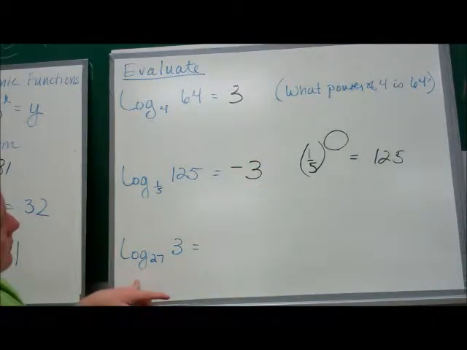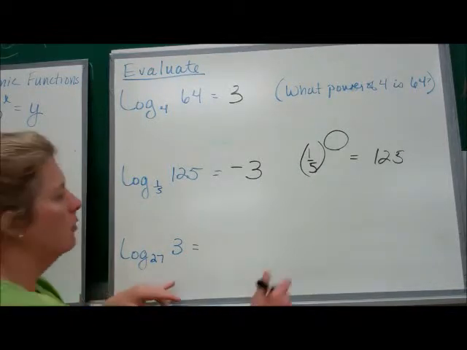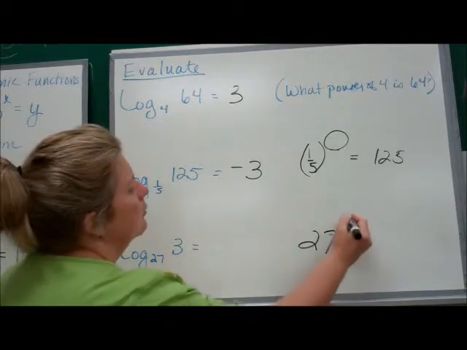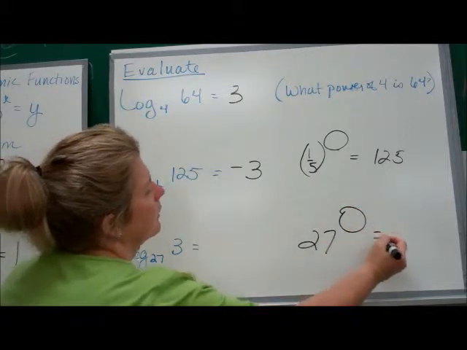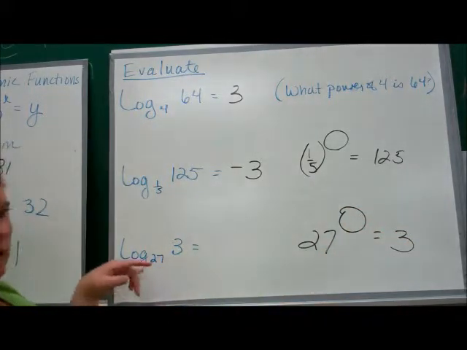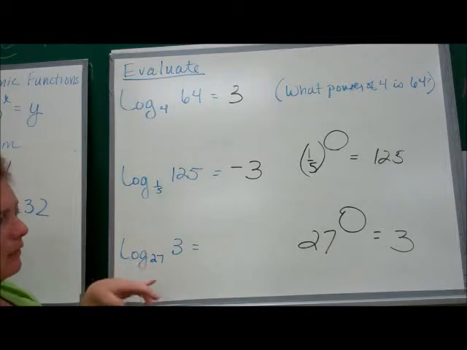Next one here, log base 27 of 3. So 27 to what power is 3? Let me write it down. 27 to what power is 3? Think about that for a minute.